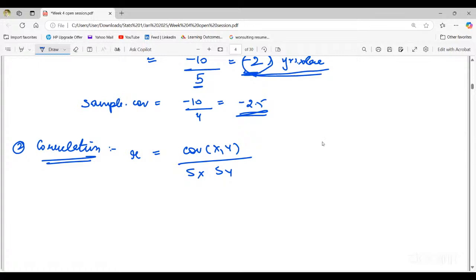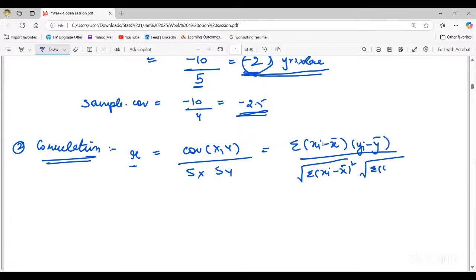It will tell you the value, and also the direction, whether it's negative or positive. You can also write it as summation of xi minus x bar, yi minus y bar, divided by under root of summation of xi minus x bar whole square, summation of yi minus y bar whole square.